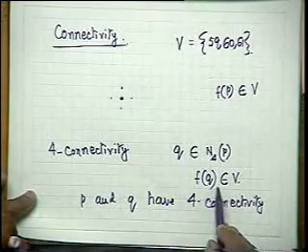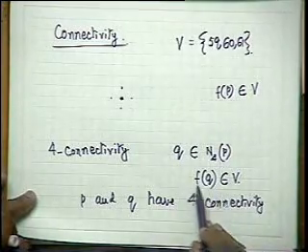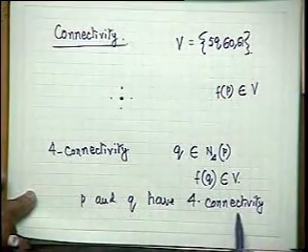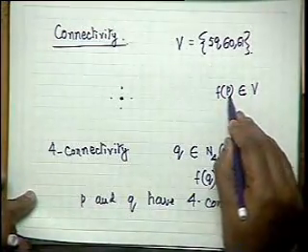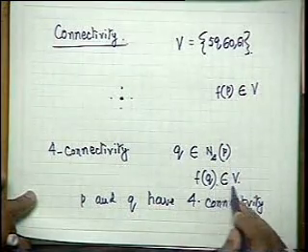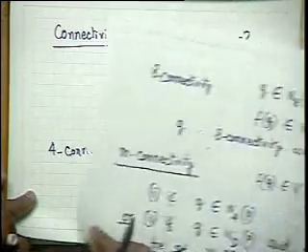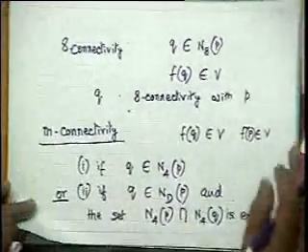In 4 and 8 connectivity I have included this: in order for P and Q to have 4 connectivity, both F of P as well as F of Q must belong to this set V. Agreed? For 8 connectivity the same thing is there.